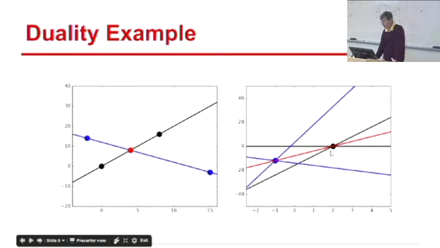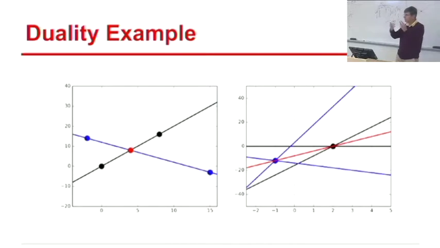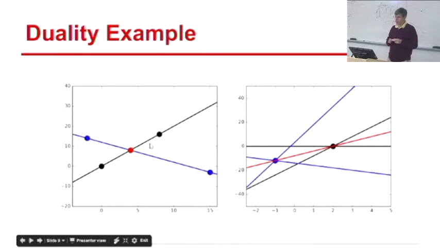This red line is a line that goes through both points. Does everybody see that? So there's a magical, again, you have to work out the geometry and see what this is like, but magically through this duality transform, what looked like points on this side look like lines here. What looked like lines on this side look like points here.